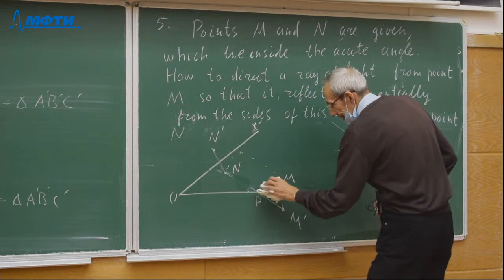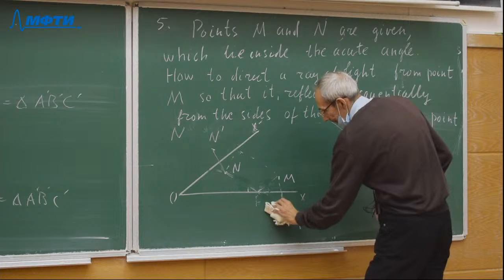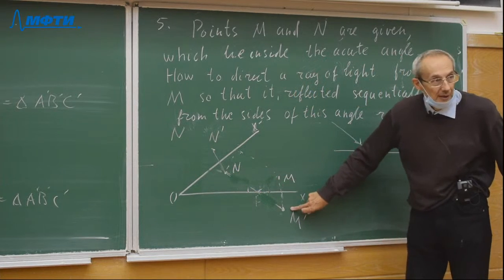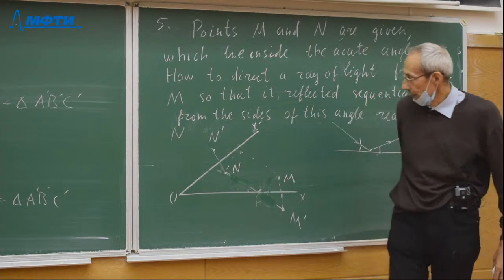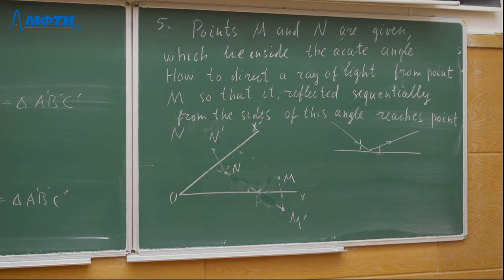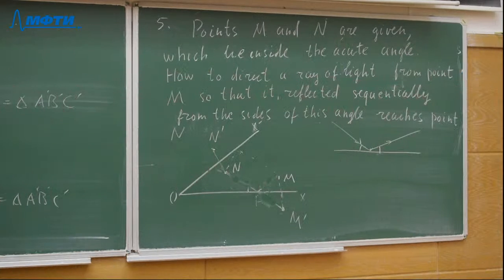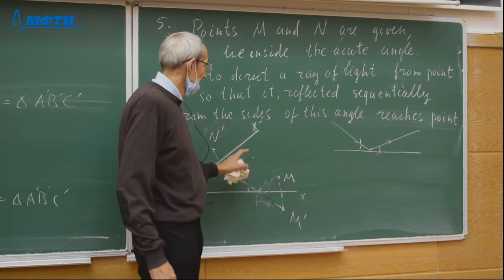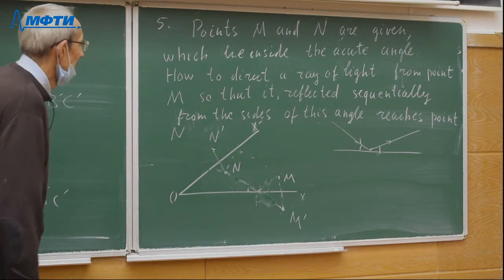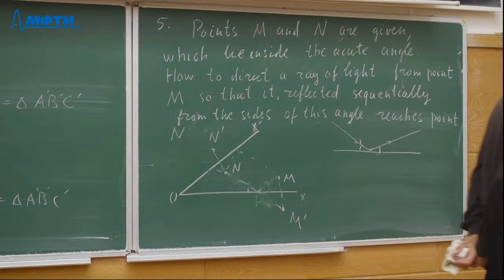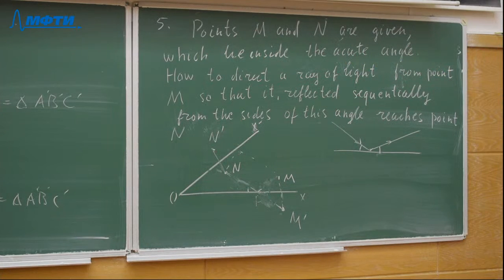Okay, we have only points M, M prime and N prime, and let's understand how to move the ray so that it reflects sequentially from both sides to reach point N.